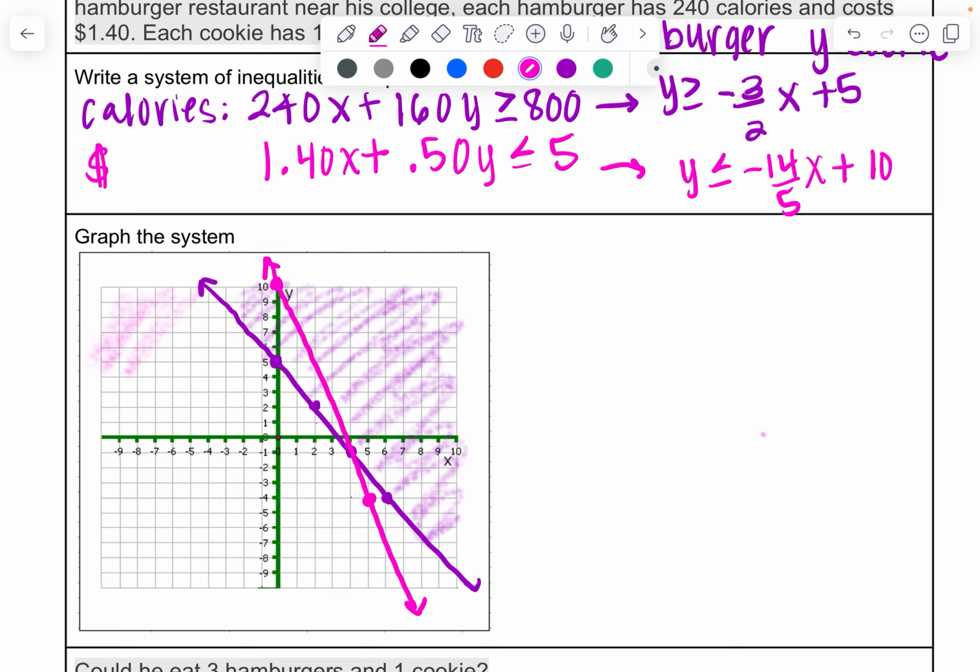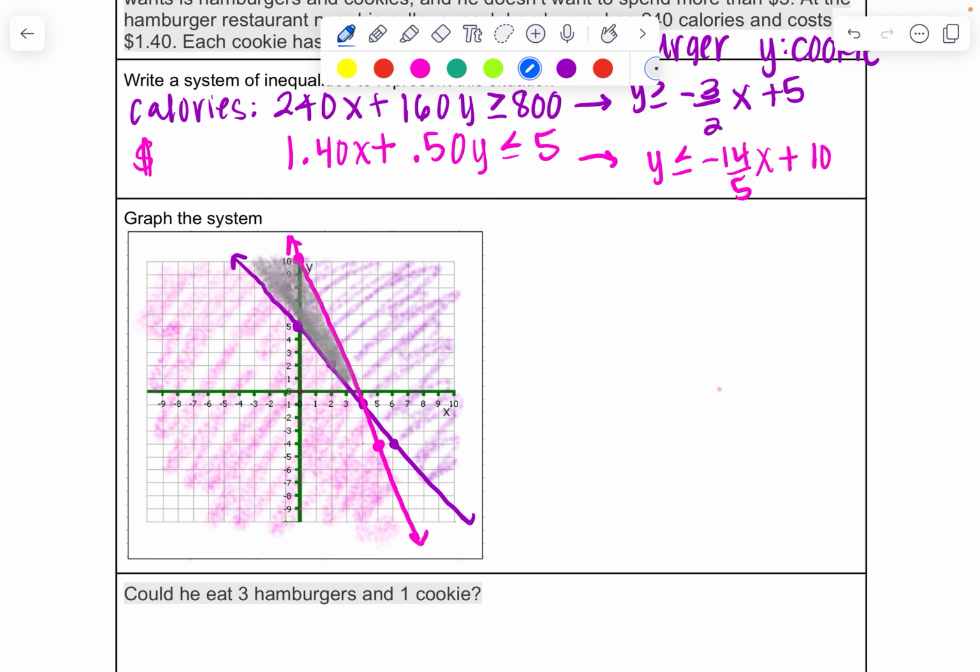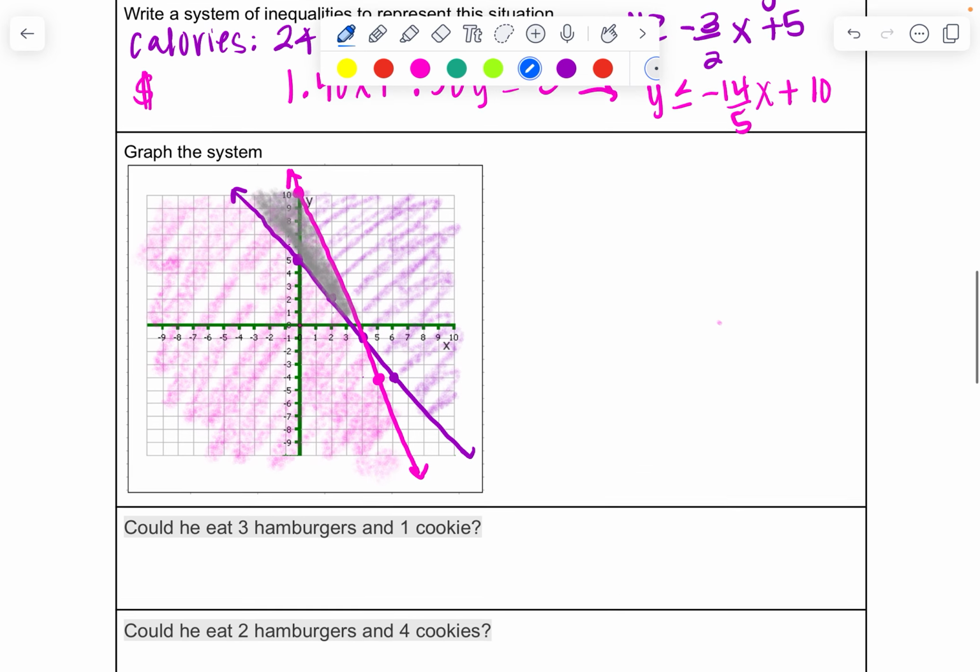So we're going to be shading on this side. And if we look at our overlapping region, it's this little triangular region right here. So again, any combination of cookies and burgers that's in that gray region would be possible for Omar to eat.